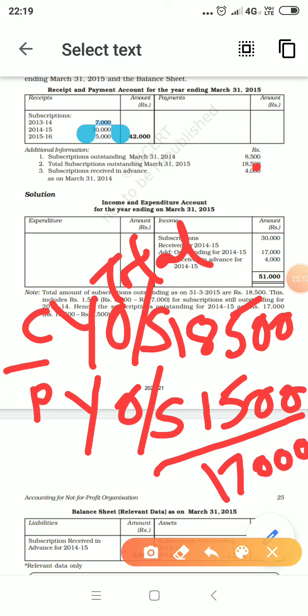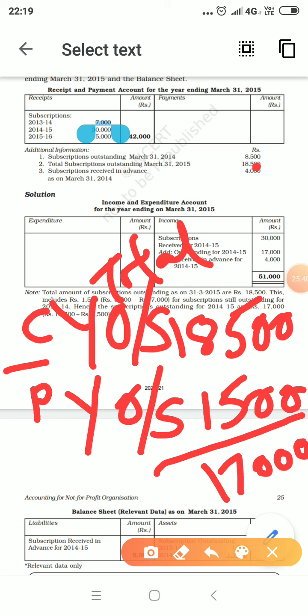This 17,000 is current year's outstanding subscription, that subscription which we have to receive in the current year, but we did not receive in the current year. Now 18,500 is the total subscription outstanding at the end of current year. It includes current year's outstanding 17,000 and previous year's outstanding 1,500.